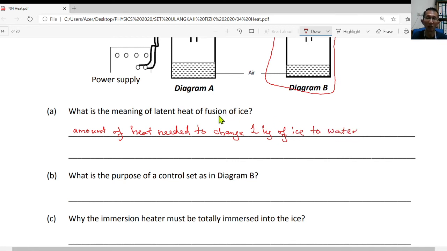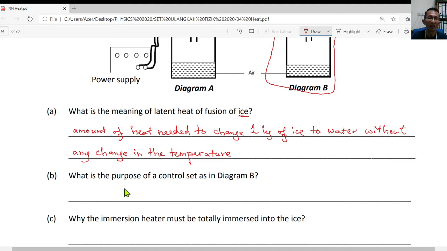So fusion, it must be solid to liquid, liquid to solid. Okay, so here we are talking about the ice, so that's why I have 1 kilogram of ice to water without any change in the temperature. Okay, so that is the meaning of latent heat of fusion of ice.